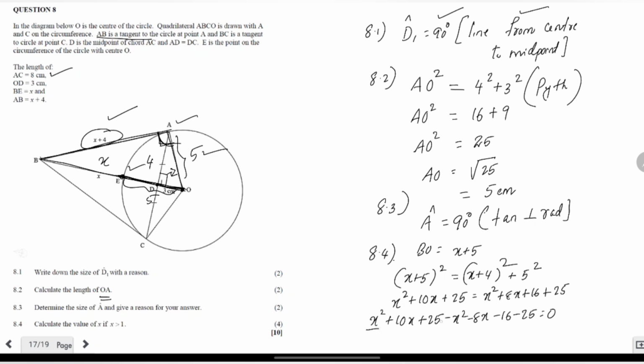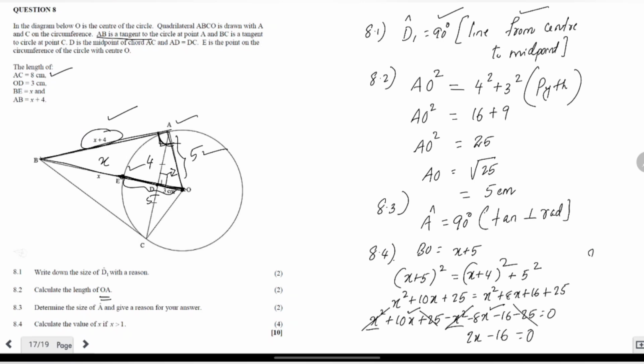How many x squared? This one, and minus x squared is going to be 0, isn't it? Then what else is there? X terms, 10x minus 8x is going to be 2x. Then plus 25 minus 25 is going to go 0. Okay, then what is left there? Minus 16 is equal to 0.